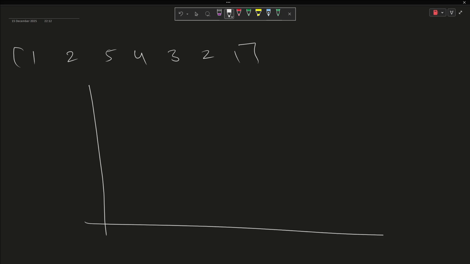The first point is 1, then 2, then 5, then afterwards 4, 3, 2, 1. Let me write the numbers.